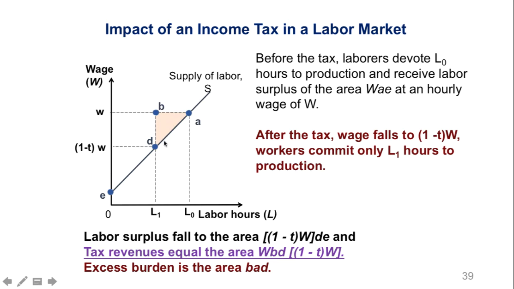So this is the deadweight loss of BAD, and the amount WBD(1 minus T)W is redistributed in the market. The excess burden is the area of BAD, which society is losing.